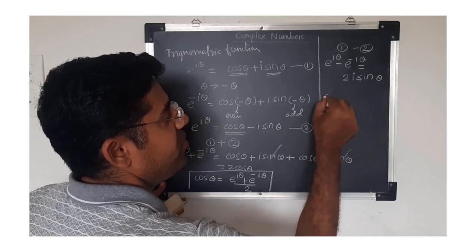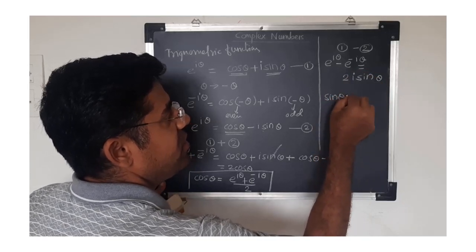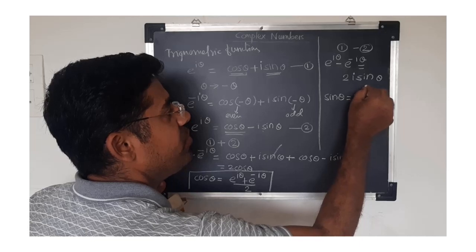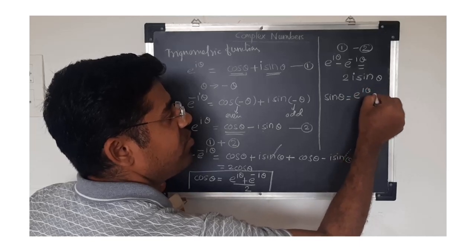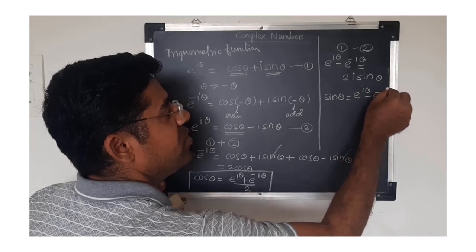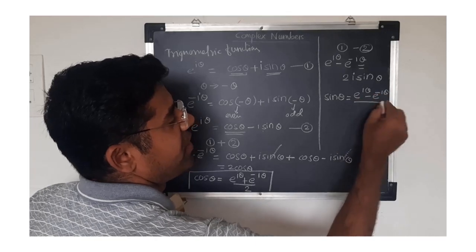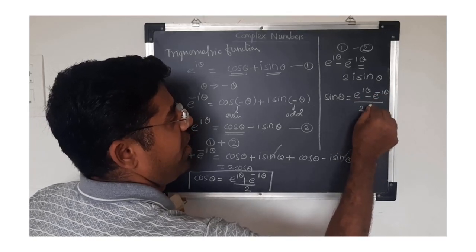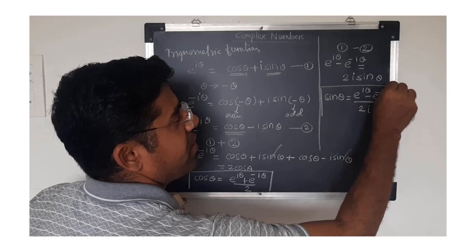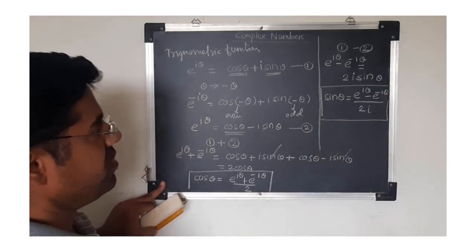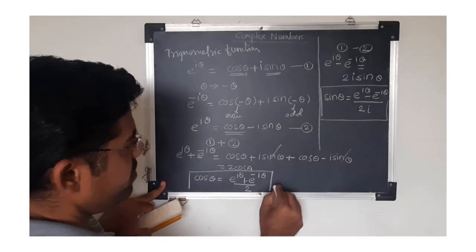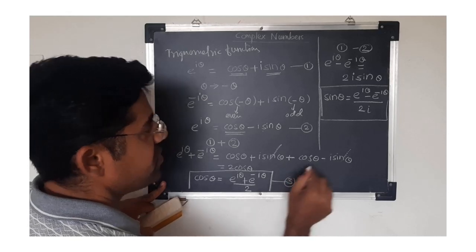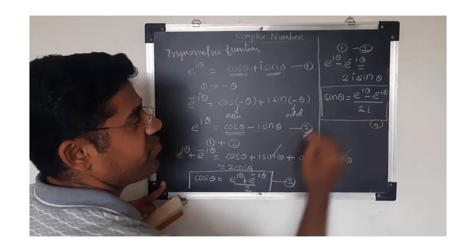So sin theta is nothing but e raised to i theta minus e raised to minus i theta divided by 2i. This is suppose the third and this is your fourth equation.